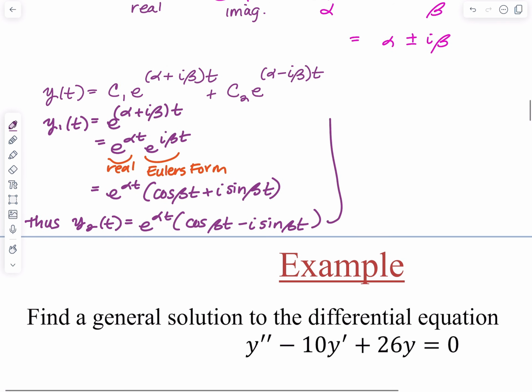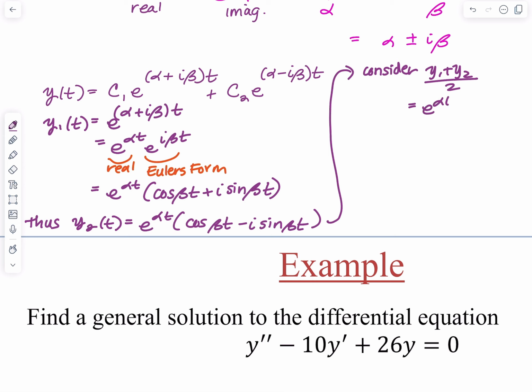So we want to consider y1 plus y2 over 2, and we will come up with e to the alpha t times the cosine of beta t. And this is entirely real. This is all real.